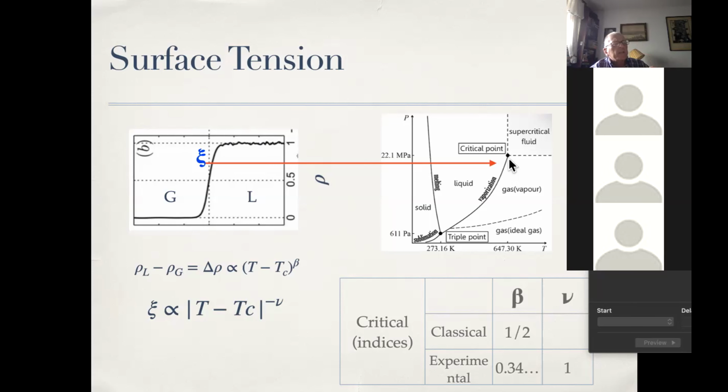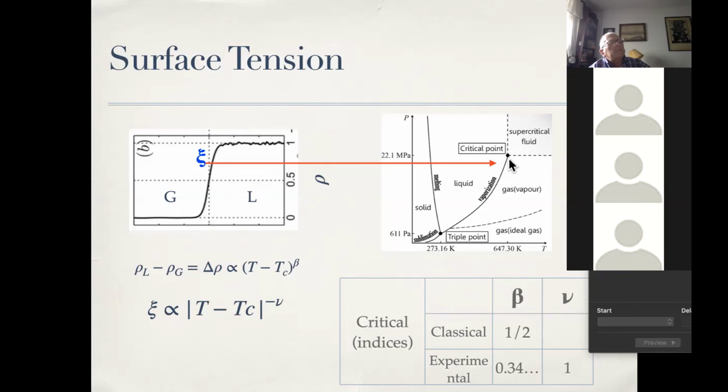And these critical exponents depend on gross properties of the system, and these gross properties are called symmetries and the range of the interaction. What are the molecular interactions in the system, and what are the symmetries of those systems?